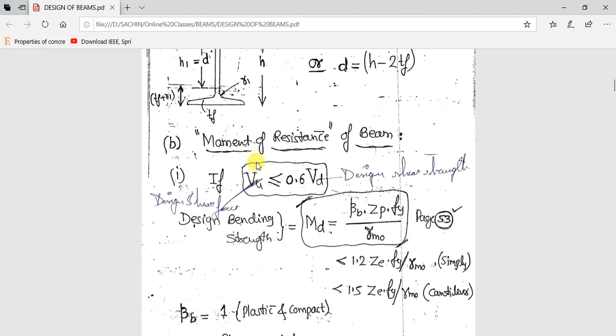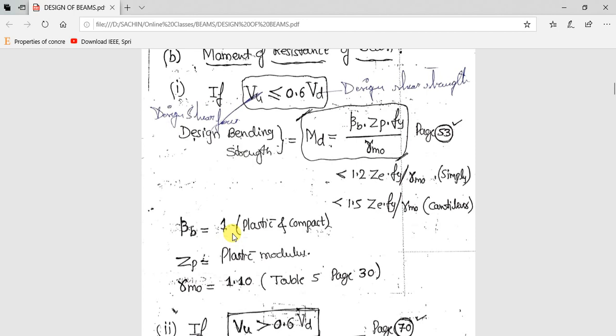If this is the condition, in order to check the moment of resistance of any given beam, you have to use this particular formula, which is given on page number 53. Beta b into Zp into fy divided by gamma m0, and this value should be less than 1.2 times Ze into fy by gamma m0 if it is simply supported, and it should be less than 1.5 Ze into fy divided by gamma m0 if it is a cantilever condition.